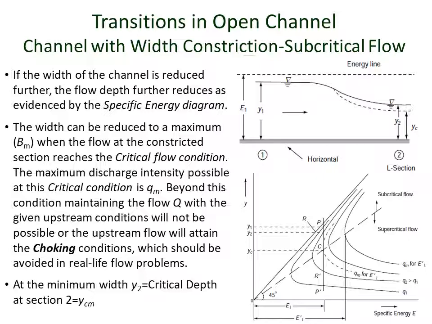So the maximum discharge intensity possible at the critical condition is small qm, and the corresponding maximum reduction of the width of the channel can be reduced to a maximum of capital Bm.